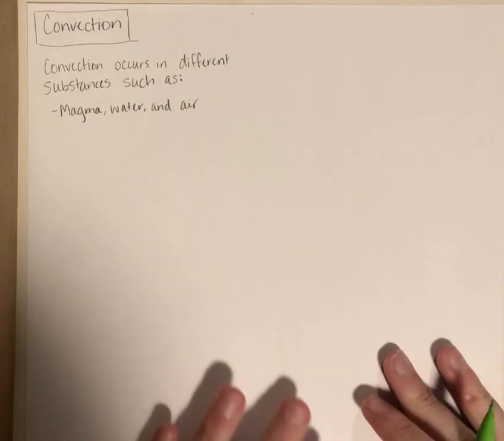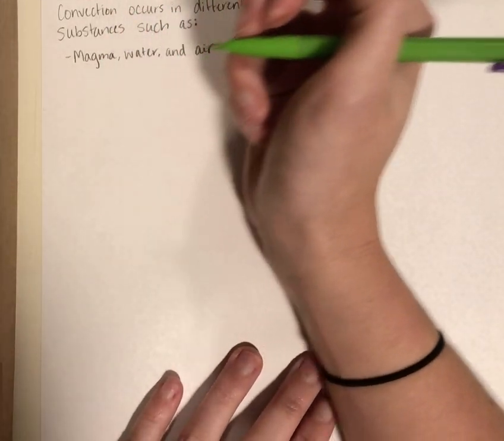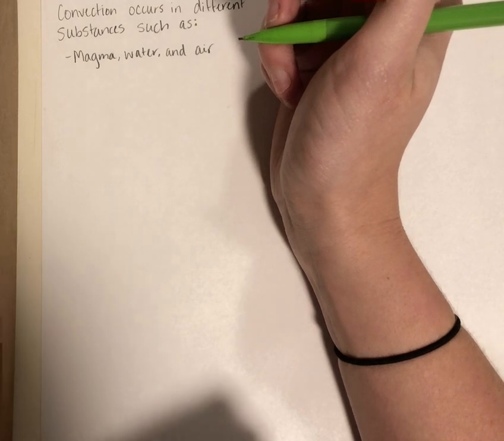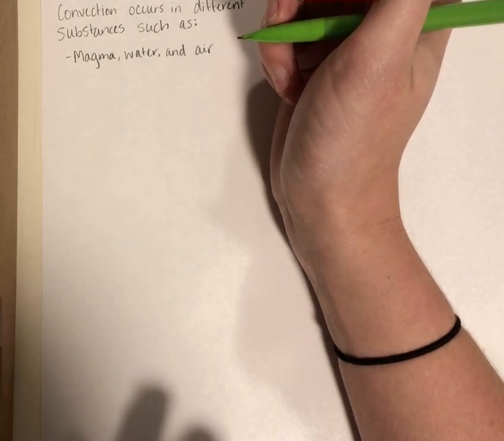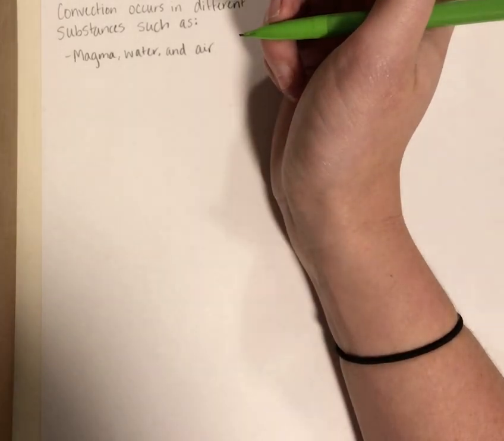So today we're going to be talking about some air convection. The process of convection in the atmosphere brings warm, damp air up, and then cool, dry air falls.